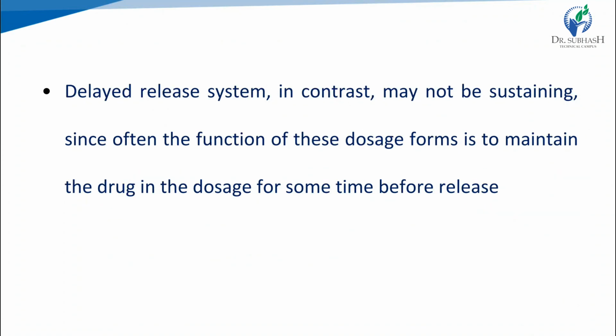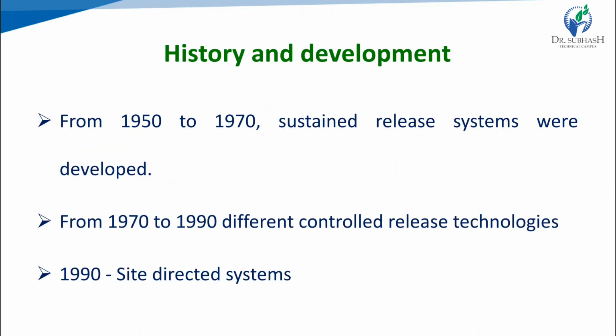Delayed release systems, in contrast, may not be sustaining, since often the function of the dosage form is to hold the drug in the dosage form for some time before release. Example, enteric coated tablet. So we delay the release up to a specific period of time. After that particular condition, the polymer degrades, the release mechanism takes part, and the drug is released from the dosage form. So that is the delayed release system.